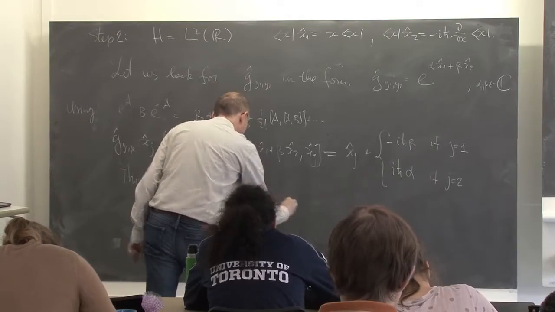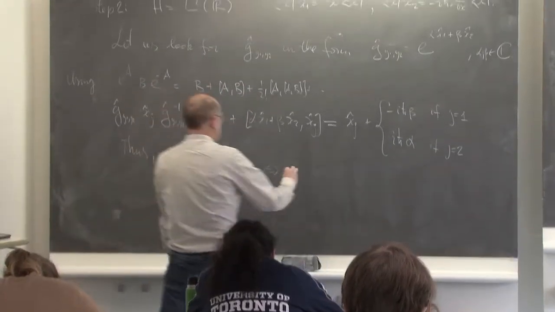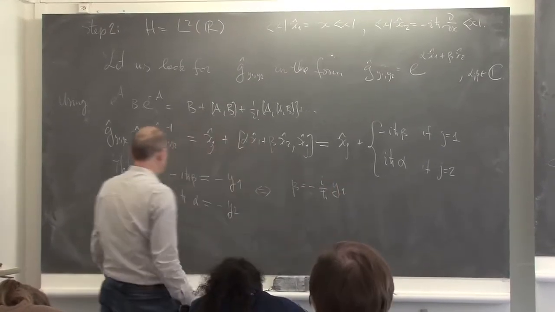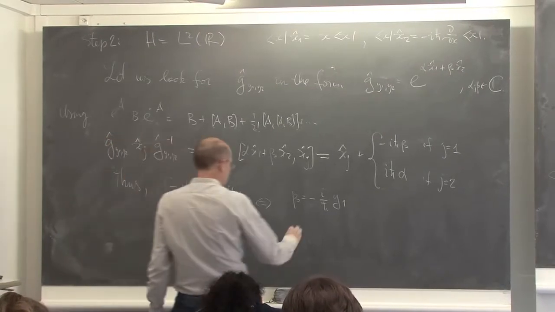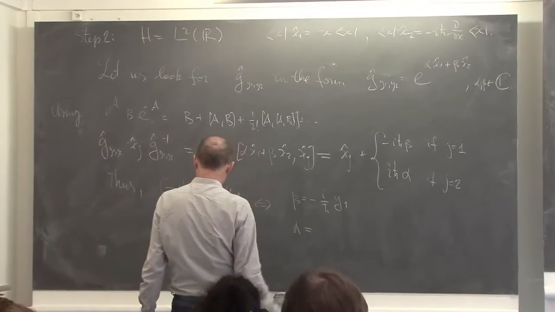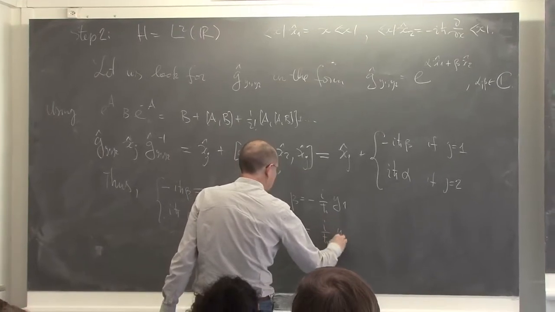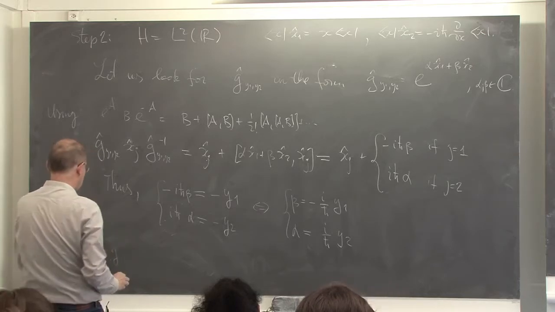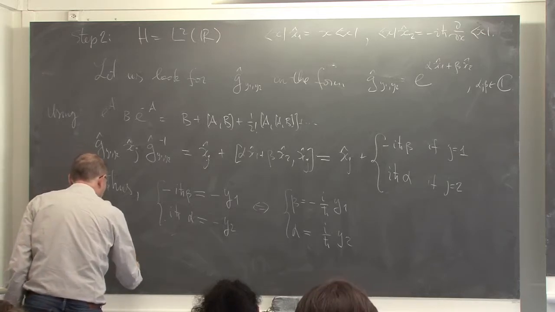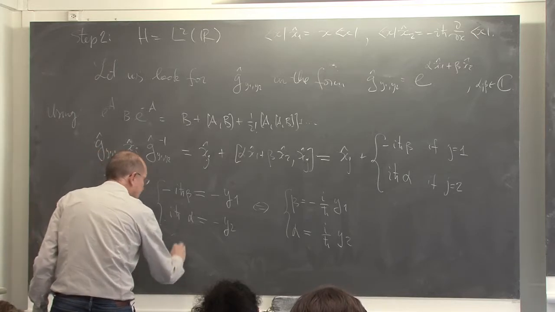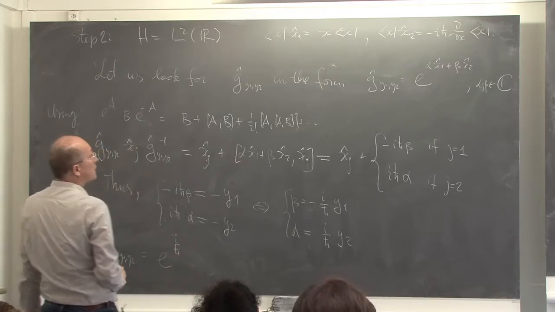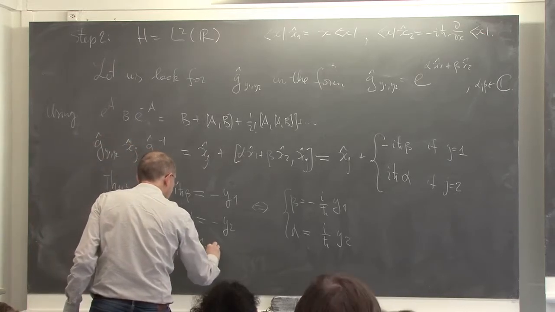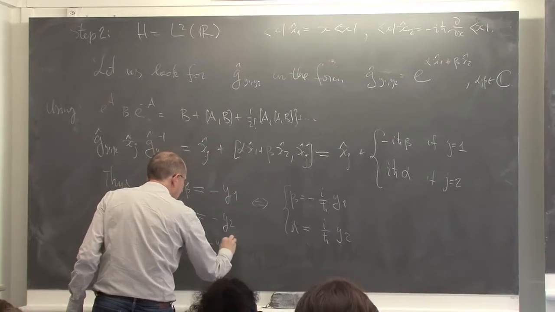Equivalently, beta becomes minus i over h bar y1, and alpha becomes i over h bar y2. So G hat y1, y2 becomes e to the i over h bar times y2 x1 hat minus y1 x2 hat.